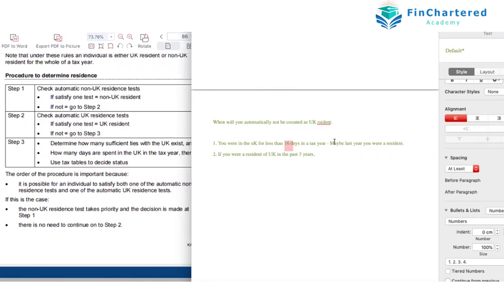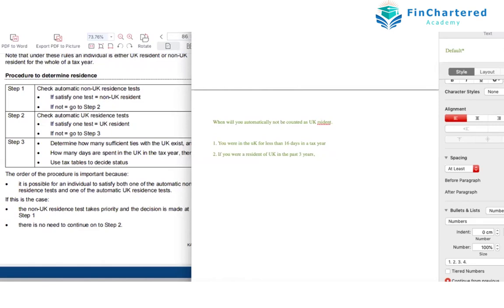If you were in the UK for less than 16 days in a year, then you will be a non-UK resident. But if you were a resident of UK in the past 3 years, then the number of days that you need to be in UK to be qualified as a UK resident is 46 days.